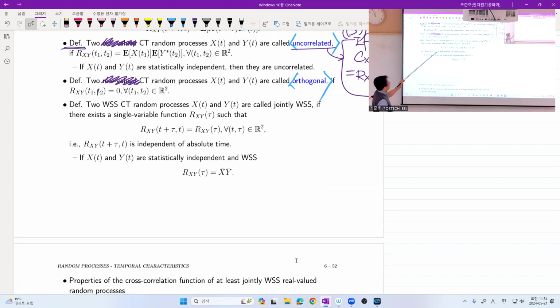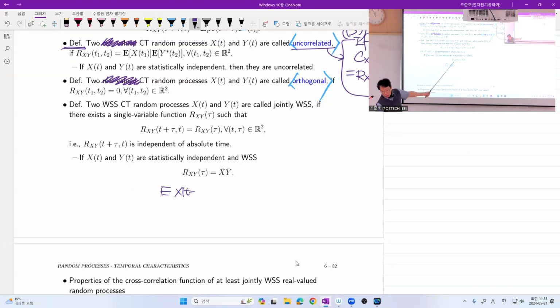Now, let's focus more on special cases where two random processes are WSS. Then, as we already know, the autocorrelation function and cross-correlation function become functions only of tau. And if they are statistically independent and WSS, we have what? This expectation becomes a product of expectations. So the left-hand side is what?